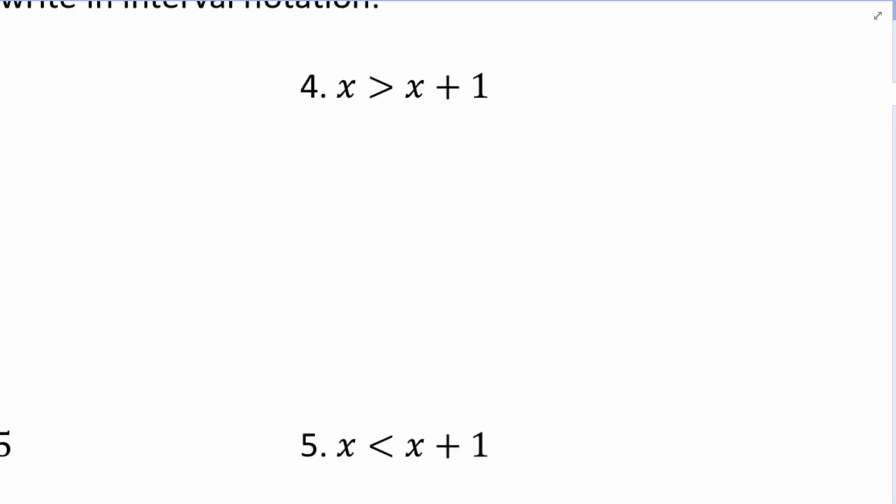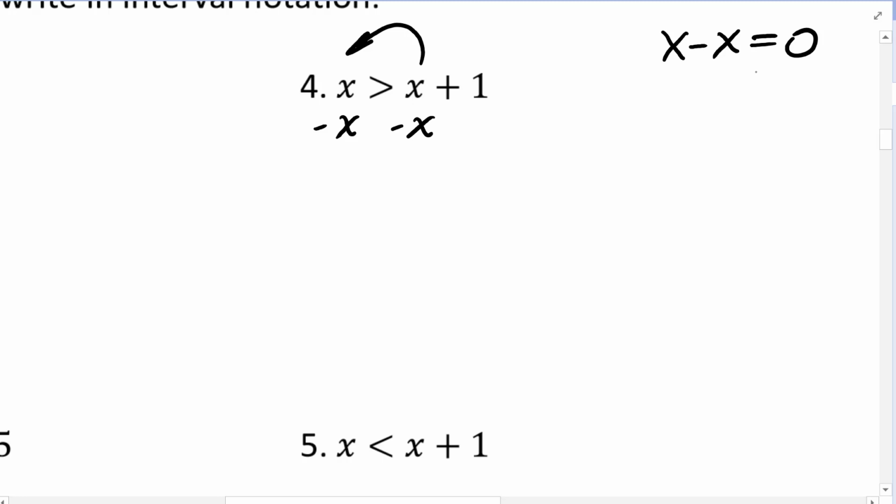Let's solve problem 4. So x greater than x plus 1. Again, I want to move x on this side, so I subtract x from both sides. X minus x is 0, so on the left side I have 0, greater than x minus x is 0 plus 1, 1. Now 0 greater than 1, that's false. So what does that mean?